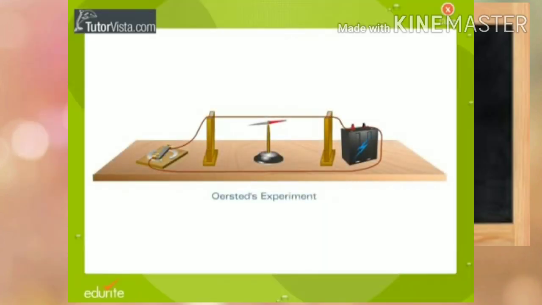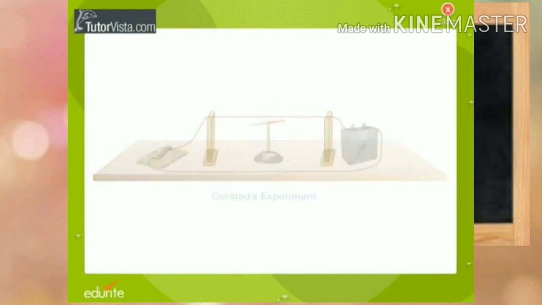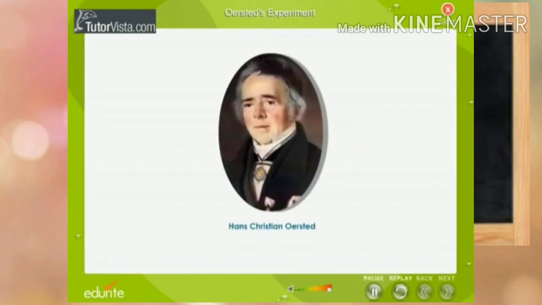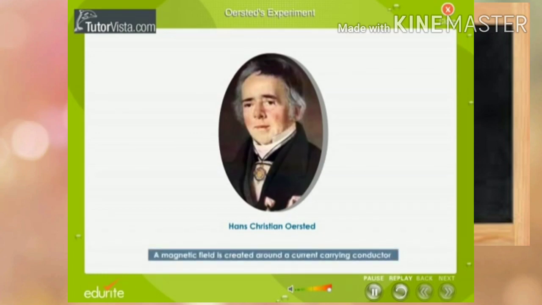Ørsted's experiment. Danish school teacher Hans Christian Ørsted in the year 1820 concluded a magnetic field is created around a current-carrying conductor.